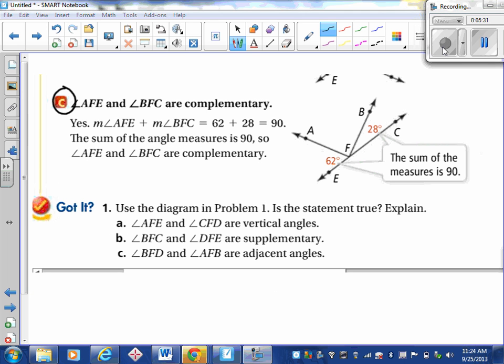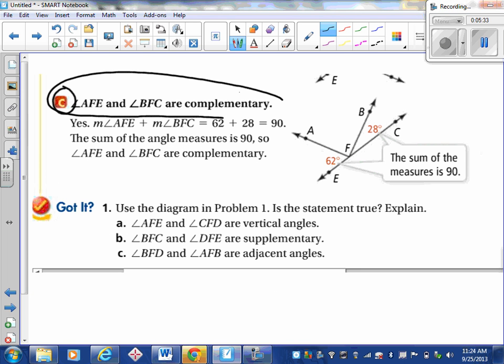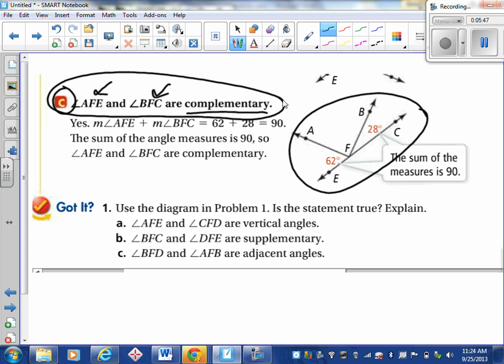Okay, go ahead and write down C, which is saying angle AFE and angle BFC are complementary. This goes with this picture right here. If I'm looking at AFE, which is right here, that is 62 degrees.